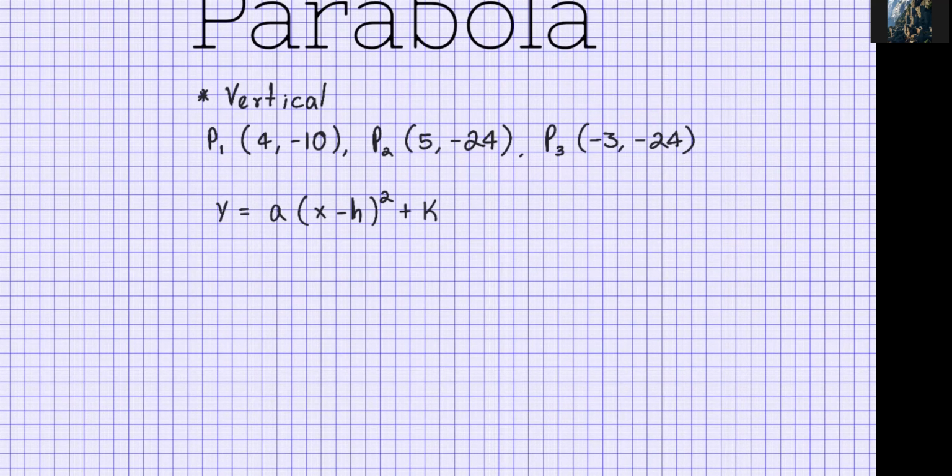So we're going to substitute each one of these values for these 3 points, and we are going to generate 3 equations with 1, 2, and 3 variables. And from there, we're just going to solve it via elimination, probably the easiest method. So let's begin.